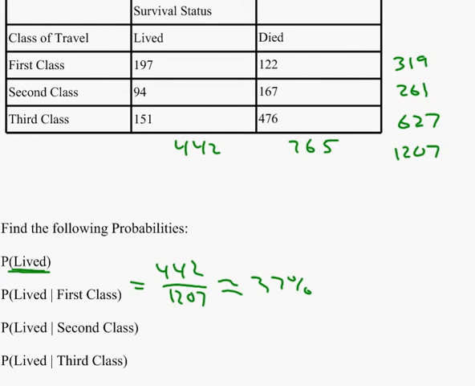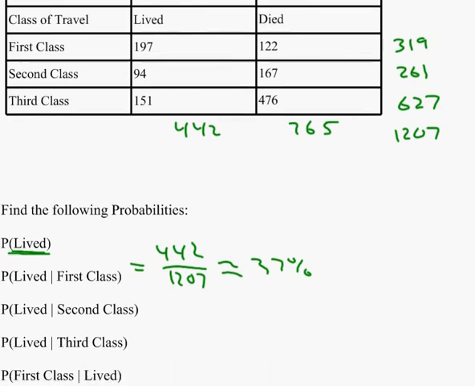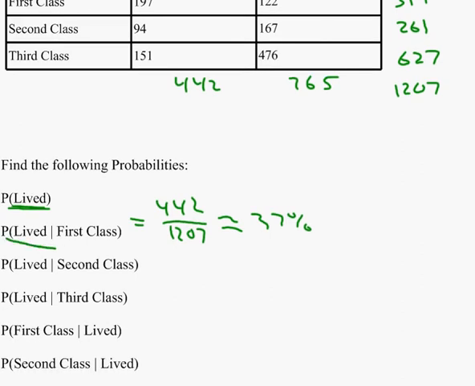Okay, now, I got shifted a little bit. Sorry about that. Here's the one I'm interested in next. This is new notation for a lot of you. You can see a vertical bar here. It says the probability that somebody lived given they're in first class. So when you see that vertical bar, you can interpret that to mean given that.